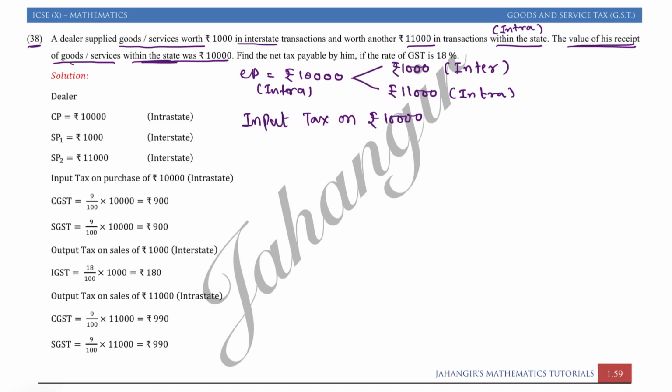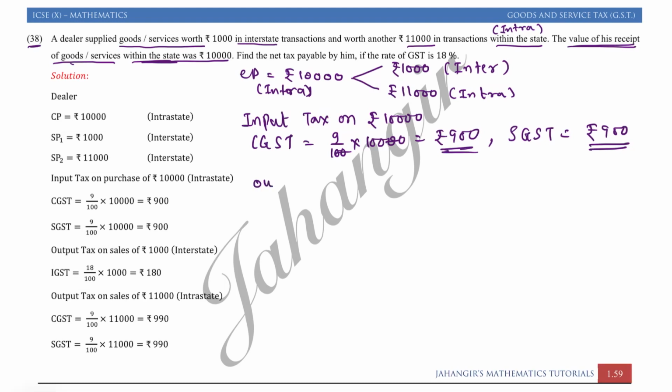That is, while buying, he has paid intrastate tax. So that is CGST is 9% of 10,000, that is equal to rupees 900, and SGST is also rupees 900. This was the input tax which he had paid as ITC, input tax credit.